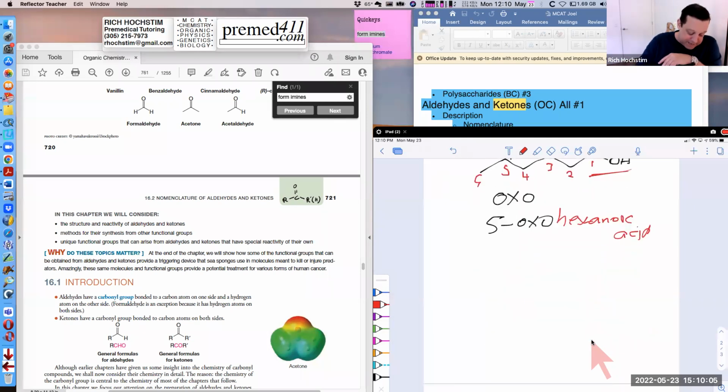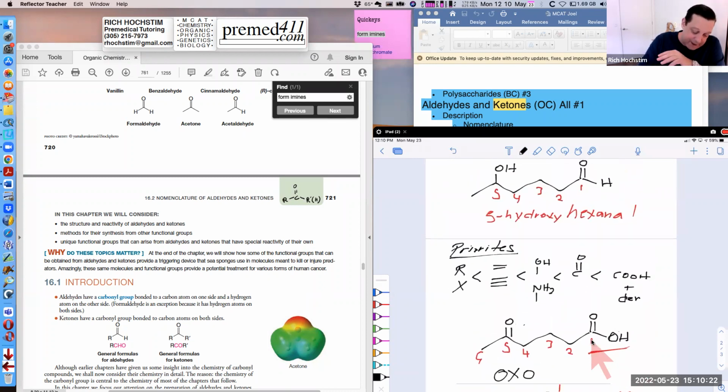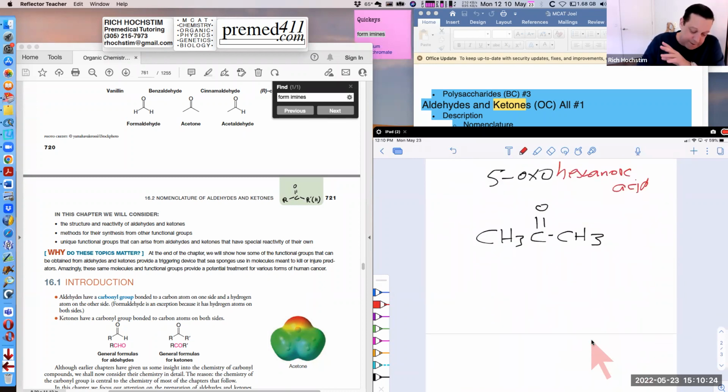Now, there's a couple weird things that happen in the naming. For instance, if you go ahead and you take this molecule over here, okay, clearly when we're dealing with the IUPAC, and I think I was using red for that, yeah. So this is going to be called propanone, because one means aldehyde, it means ketone.